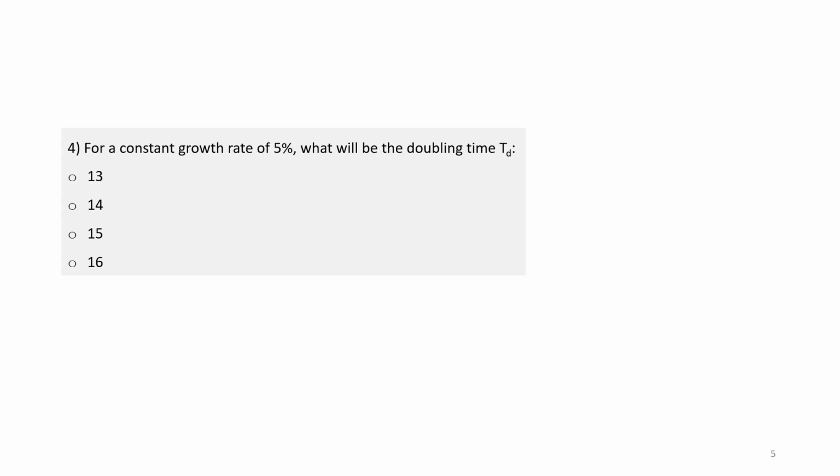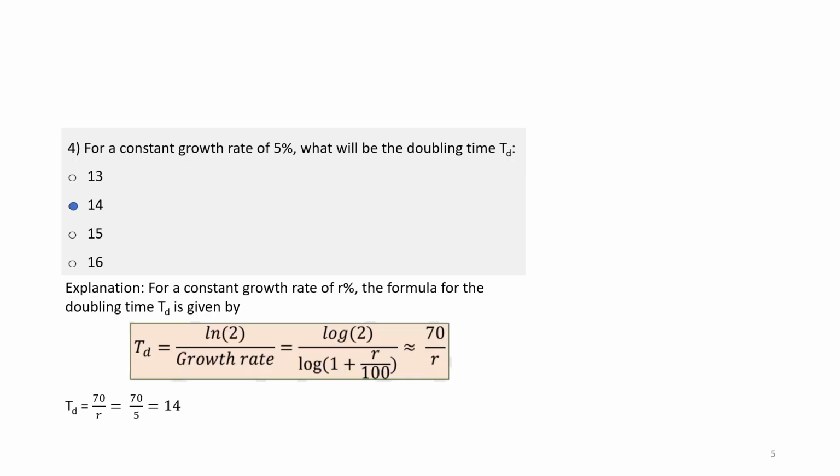Next question is for a constant growth rate of 5%, what will be the doubling time TD? Your options are 13, 14, 15 and 16. So for a constant growth rate R%, the formula for the doubling time can be given as TD equals ln2 upon growth rate.